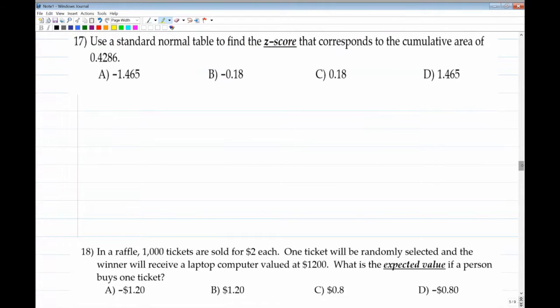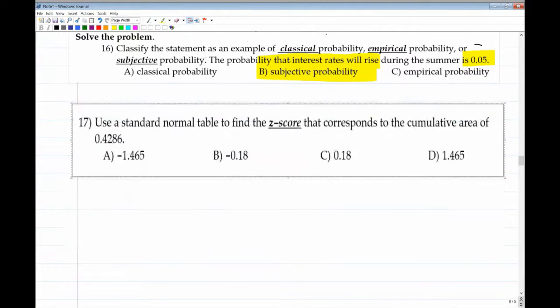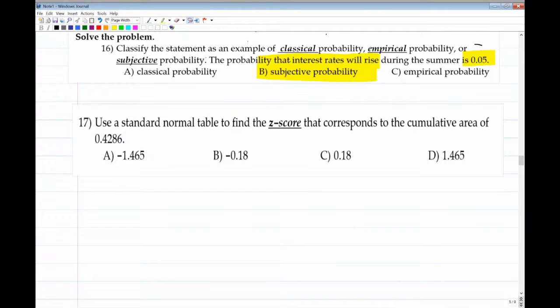The next one says right here, since we have defined the z-score again, what is the z-score for? Oh, this is for a cumulative area.